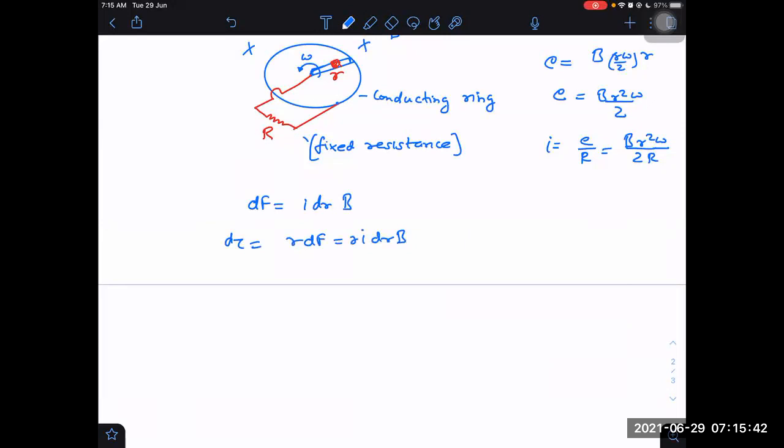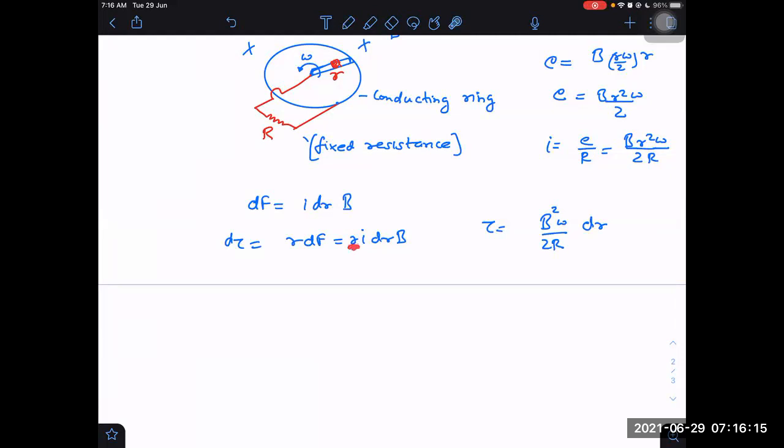And I have to integrate it. So I can write the net torque as, what is B value? B is B only. I is B R square omega by 2R into dr into r cube.